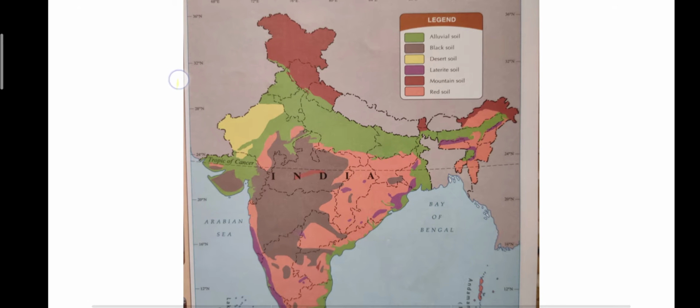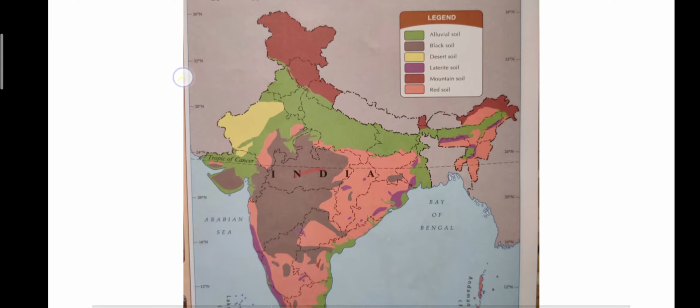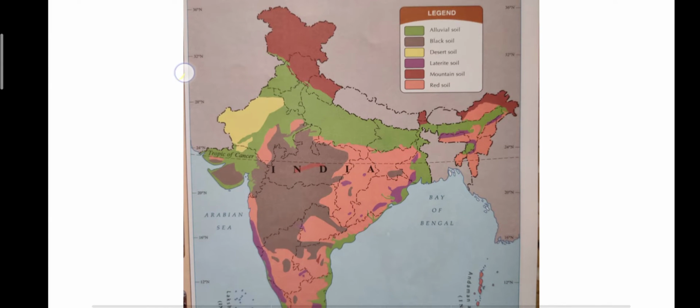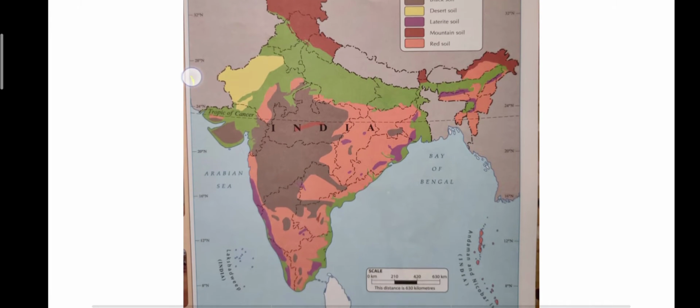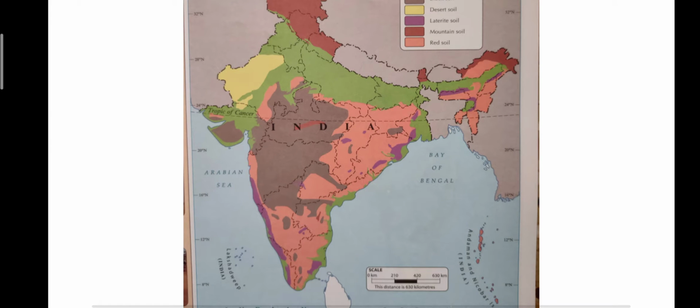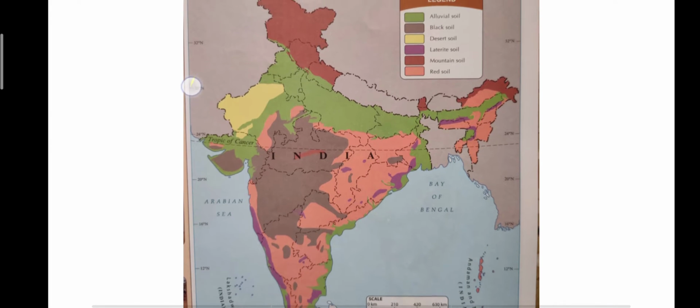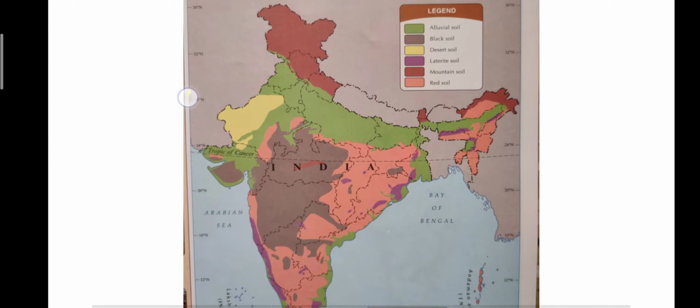Similarly, the black soil, the portion which is shaded with black or brown, that portion will have black soil. The portion which is shaded with yellow will show you the desert soil. The portion which is shaded with purple will give you an idea where laterite soil is there. The color red will show you where mountain soil is present.